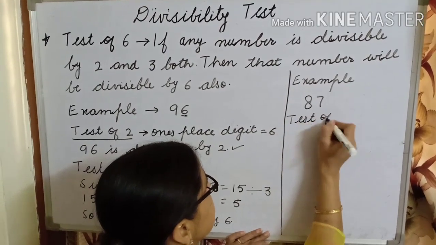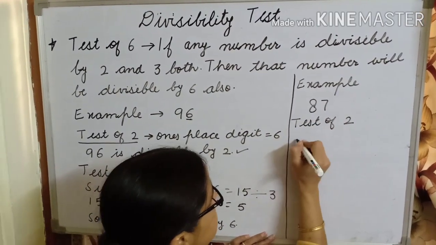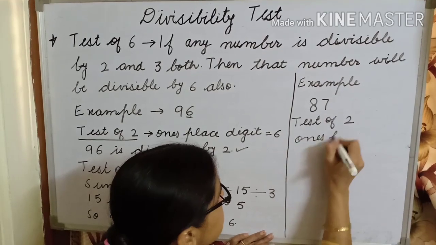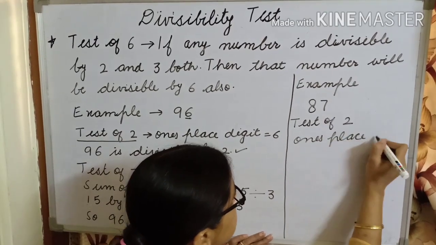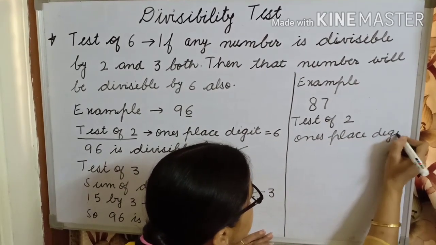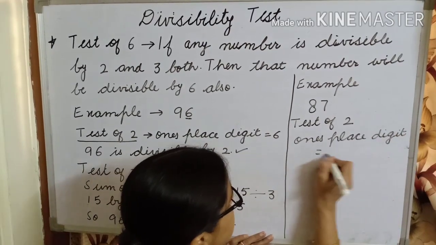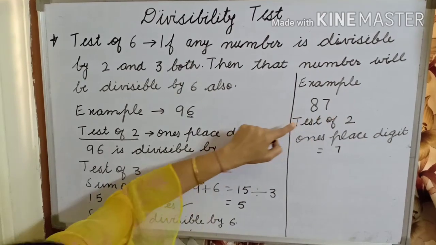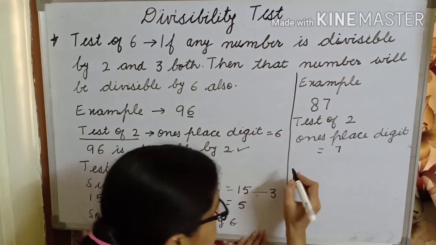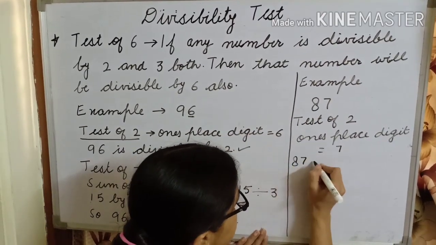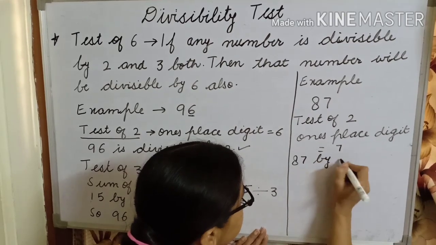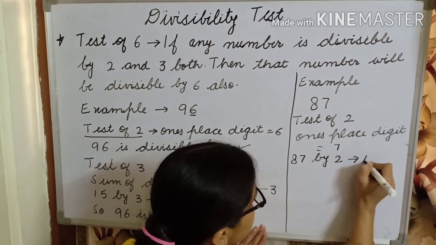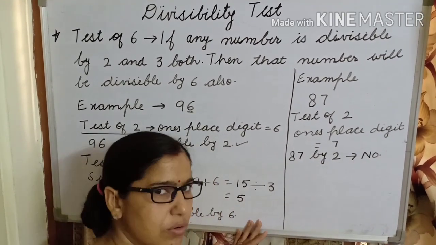Test of 2. Ones place digit. This is 7. Then this number is not divisible by 2. 87 by 2, you can say no, it is not divisible.